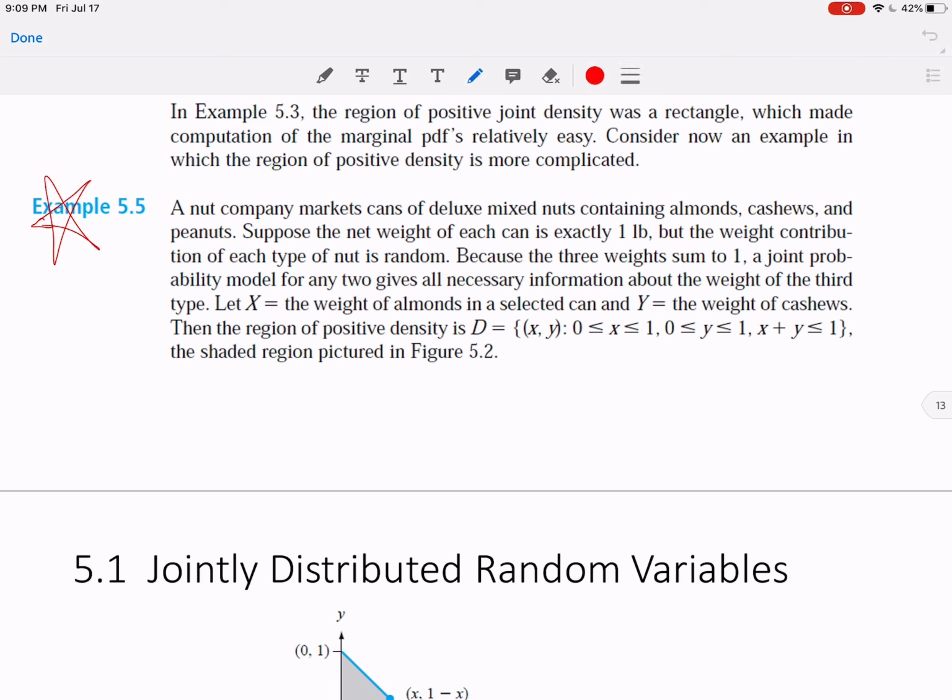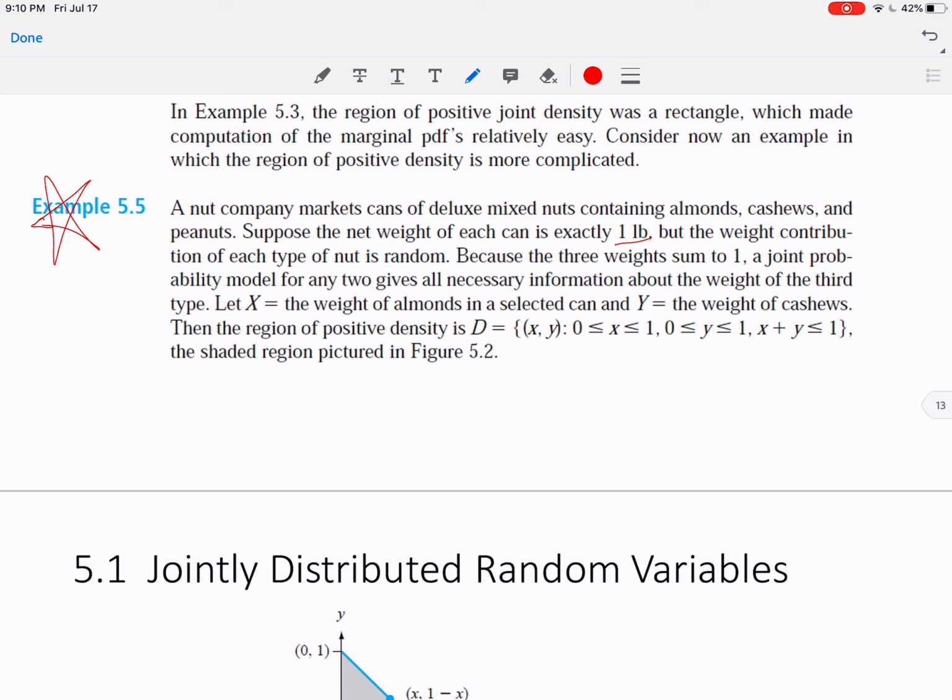Now let's take a look at this question here. A nut company markets cans of deluxe mixed nuts containing almonds, cashews, and peanuts. Suppose the net weight of each can is exactly 1 pound, but the weight contribution of each type of nut is random. Because the three weights sum to 1, a joint probability model for any two gives all necessary information about the weight of the third.